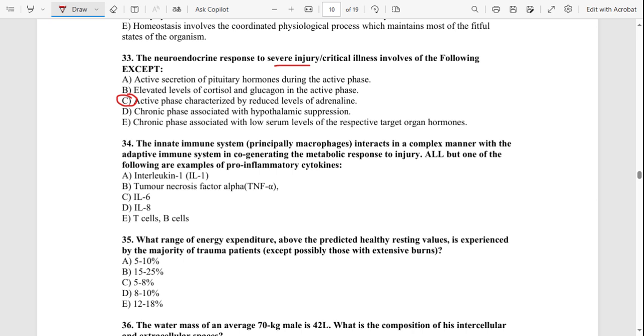So meaning we want an exception, which one is not a pro-inflammatory cytokine. Interleukin 1, tumor necrosis factor alpha, interleukin 6, 8, T cells, B cells. Which one would we pick for this one?